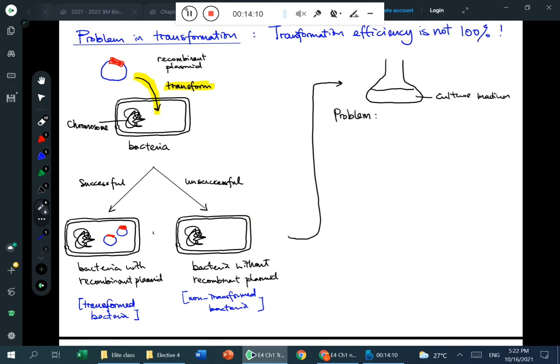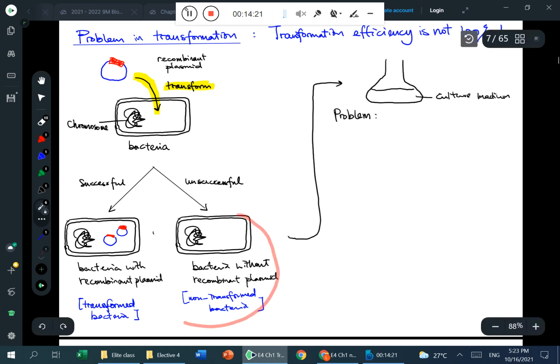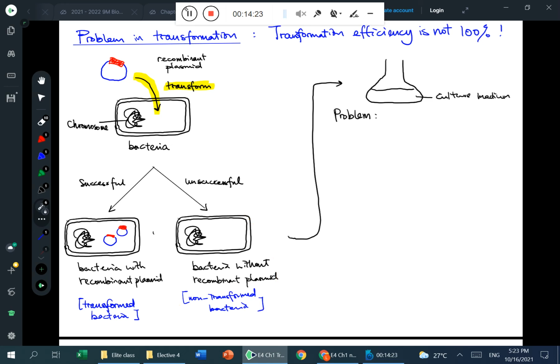That covers already millions of generations of bacteria. Each generation, the proportion increases. So eventually, even though you start with a 70% transformation efficiency, after 1 or 2 days, this flask will be mostly dominated by the non-transformed bacteria.